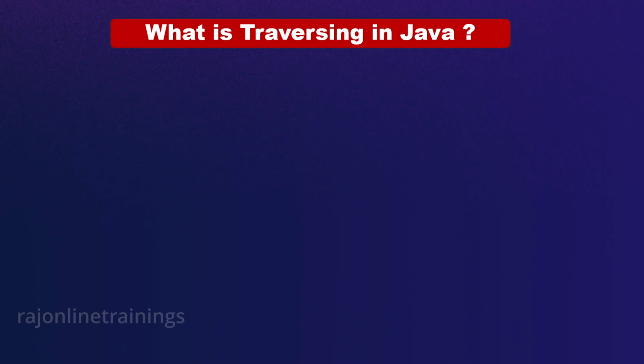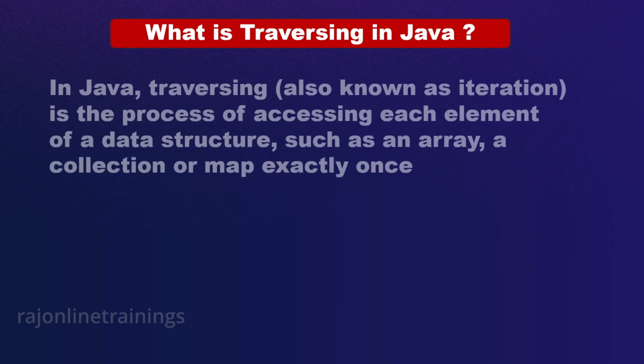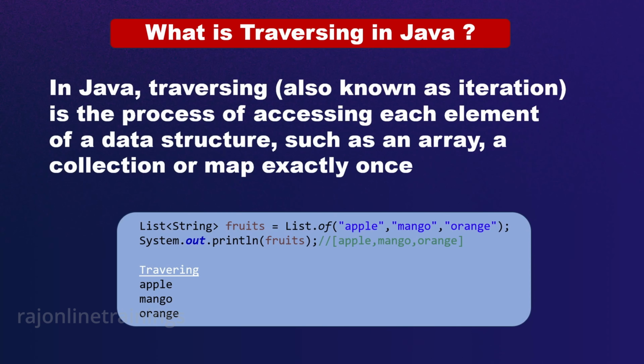Now, first of all, let us understand what traversing is. If you take a list of fruits and add elements like List.of apple, mango and orange, and print these fruits, it displays these elements separated by commas, enclosed in square brackets.